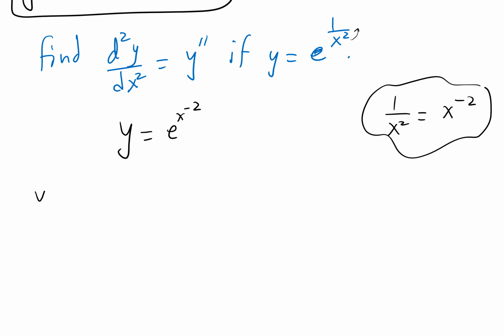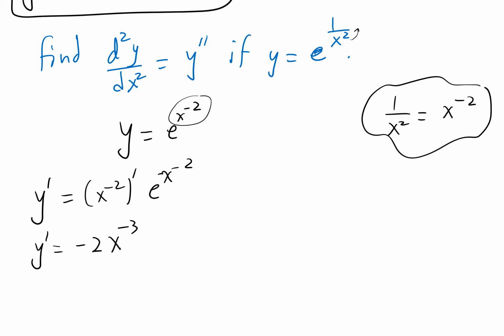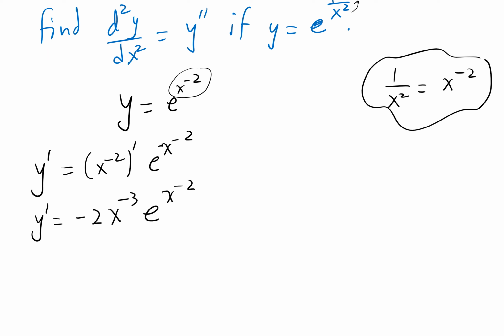So I'm going to find the first derivative, y prime, which is the derivative of the top times itself. What's the derivative of the top? It's negative 2x to the negative 3 times this itself, because you bring the negative 2 down and subtract 1 by the power rule. That's the first derivative. There's no reason to simplify until the end.